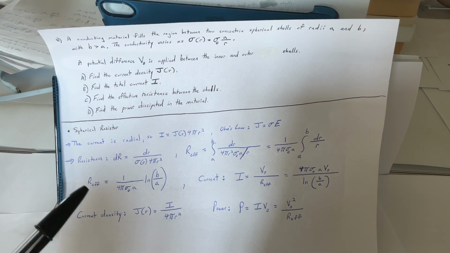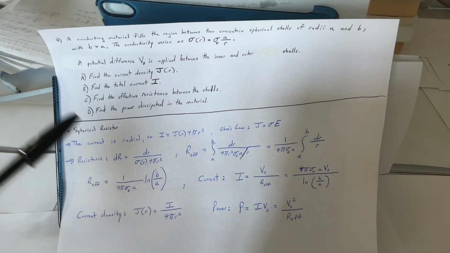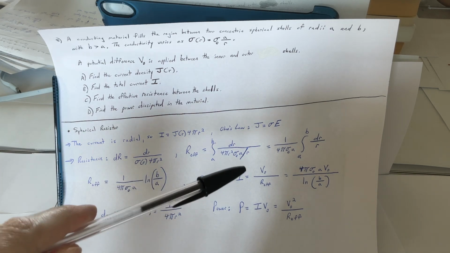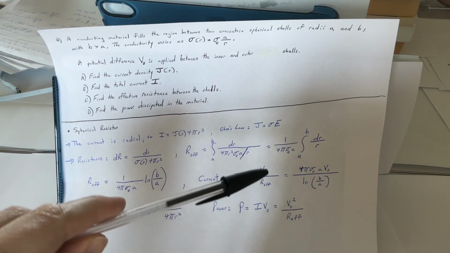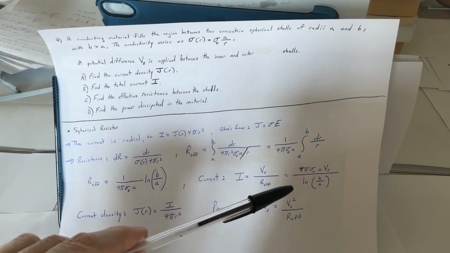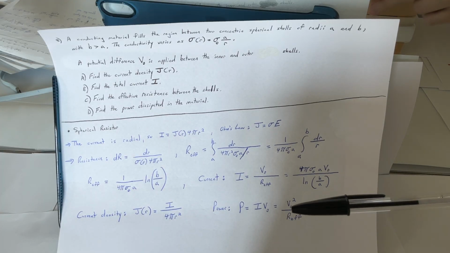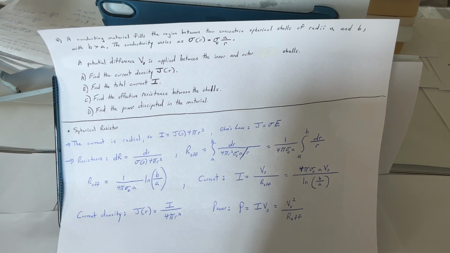When we integrate this, R sub eff equals 1 over 4 pi sigma naught A times log B over A. Current I equals V naught over R sub eff, that equals 4 pi sigma naught A V naught over log B over A. Current density J of r equals I over 4 pi r squared, and our power P equals I V naught, which is V naught squared over R sub eff.